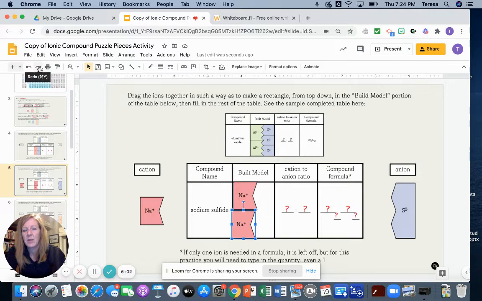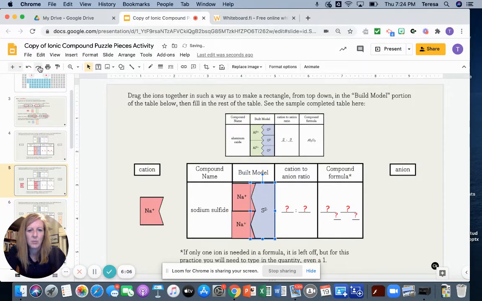And then how many negative ions do we need in order to build our model and fill in that model space? We need 1. That means that now I have 2 negative charges, or sulfur -2, and then I have 1 sodium that's a +1, and another sodium that's a +1. That means they'll cancel out.